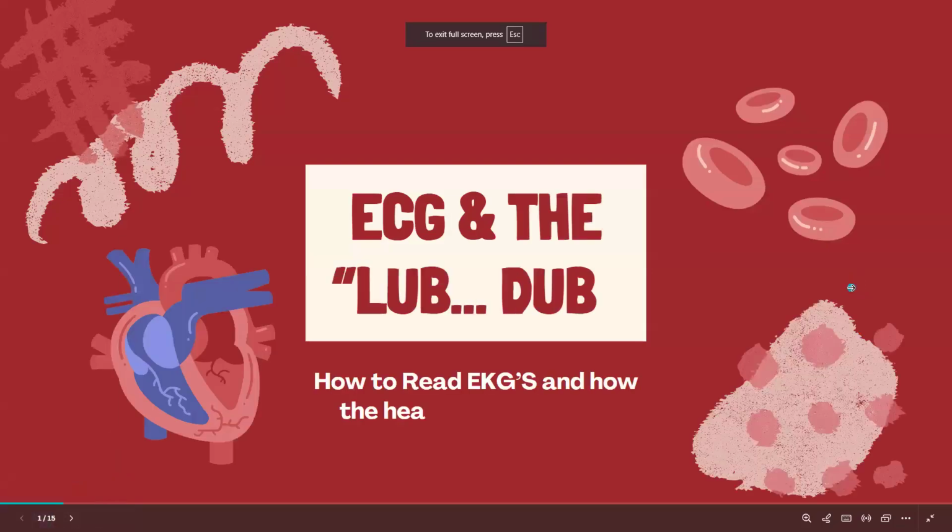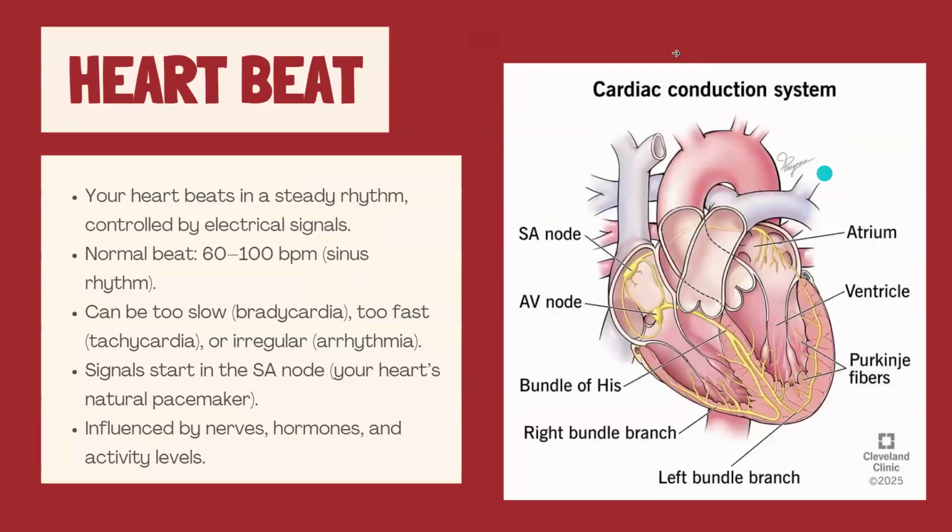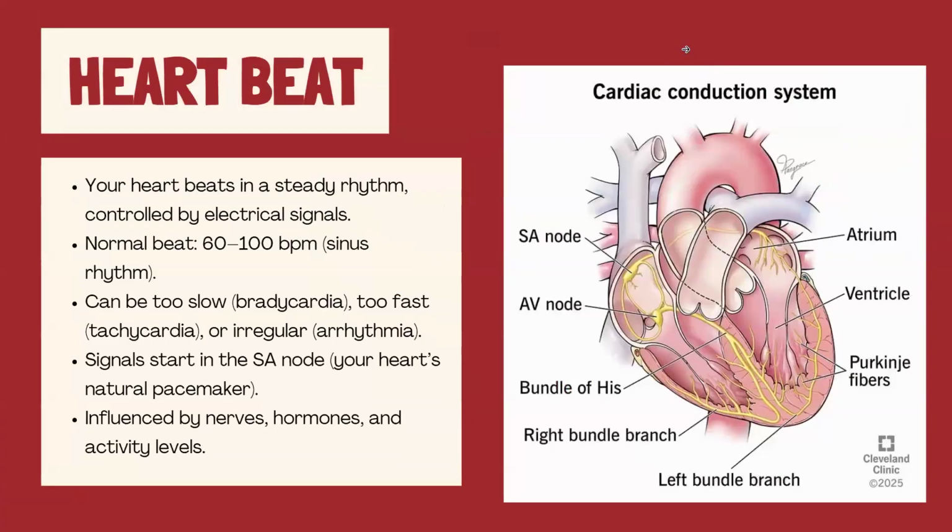Okay, so the ECG and the lub dub. Like how to read the ECG and how the heart really beats correctly. And you really don't want your heart beating incorrectly because that will mess up your circulation. Your heart beats in a steady rhythm controlled by electric signals and pulses.